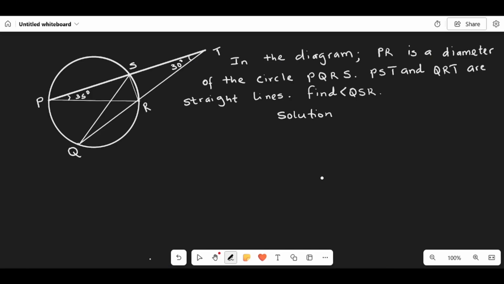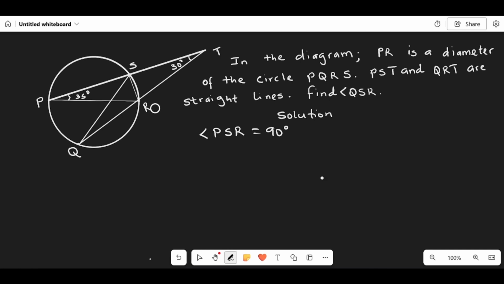An angle in a semicircle is always equal to 90 degrees. So we can say angle PSR is equal to 90 degrees.